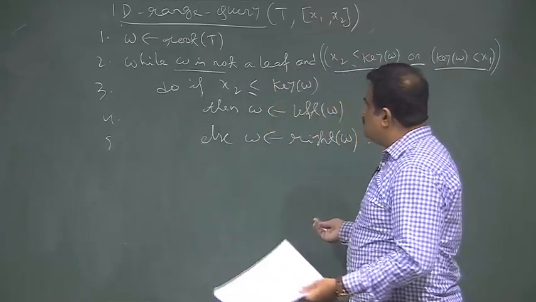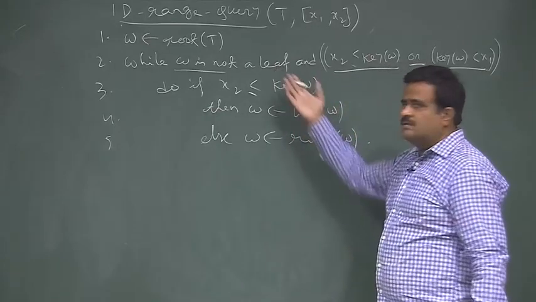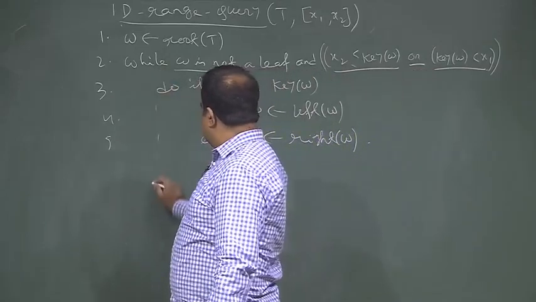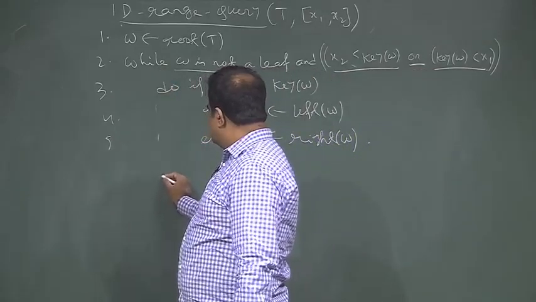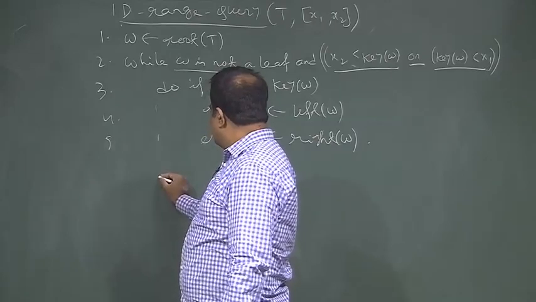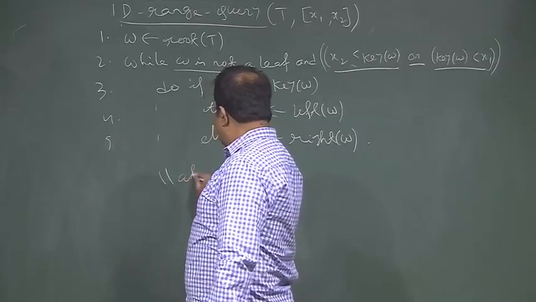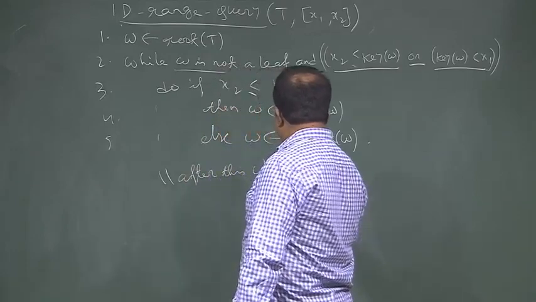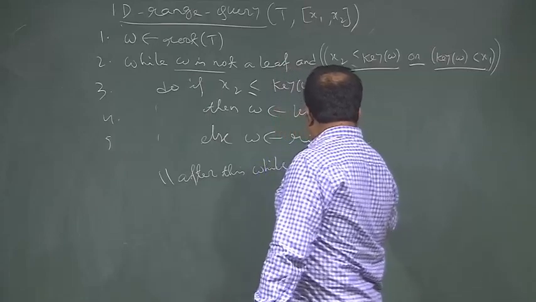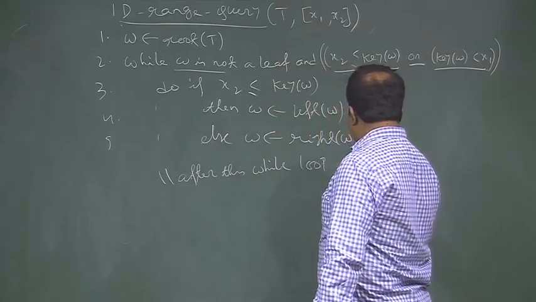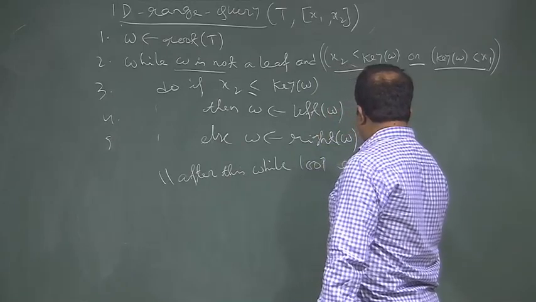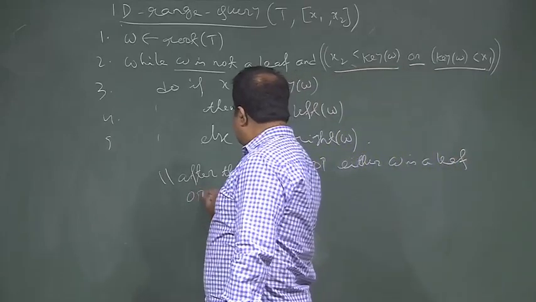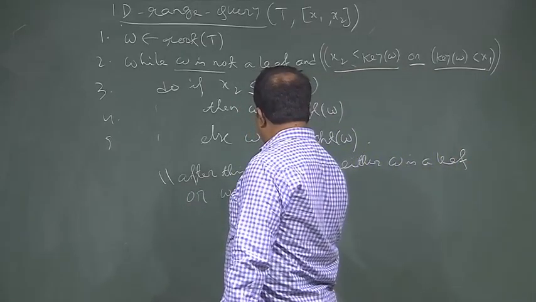So this will continue until it reaches a leaf, and we stop, otherwise it reaches a split node. So after this while loop we reach a split node. This is the observation: after this while loop, either w is a leaf node, or w is a split node.